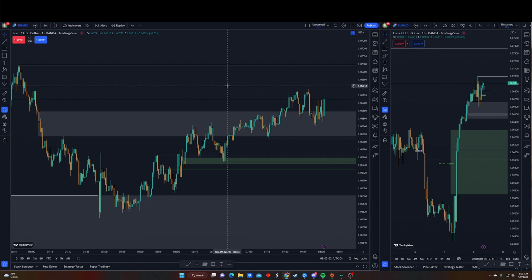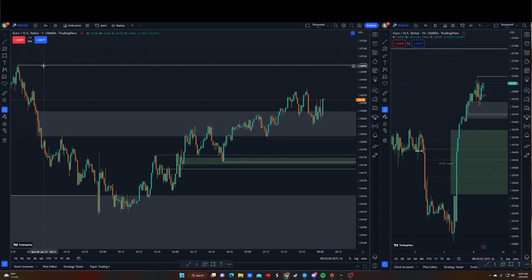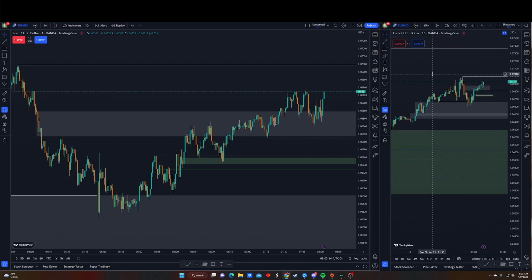Either way, today we're taking this high. That's a given. That's my bias. That's my idea. That's what I think is going to happen. We'll go back to 15-minute on that side. Don't think we'll get my long entry in here. The price is way too heavy on dollar.